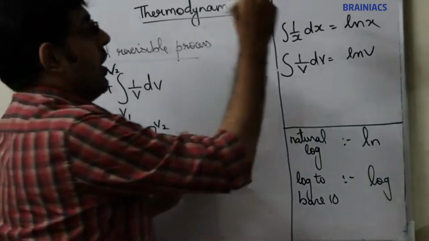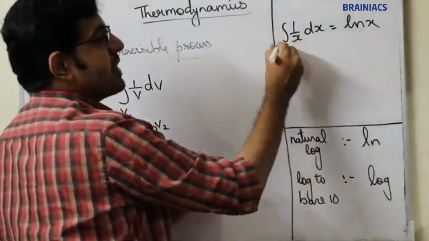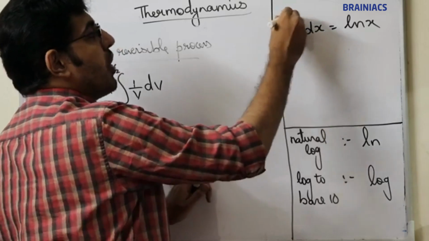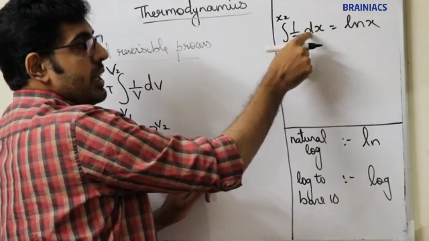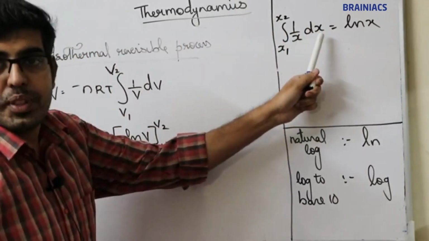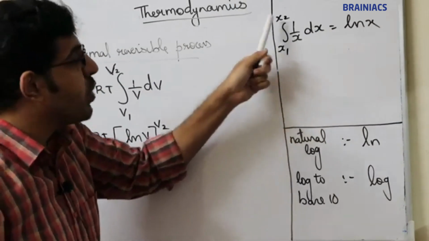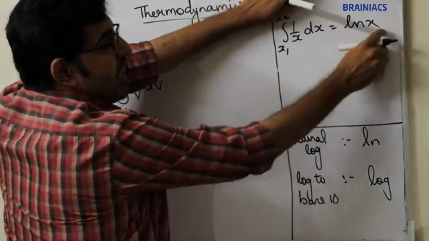Now, please listen carefully. Integration of 1 by x dx, with limits x1 to x2. When we integrate 1 by x dx under the limits x1 and x2, first we integrate 1 by x dx to get ln x.